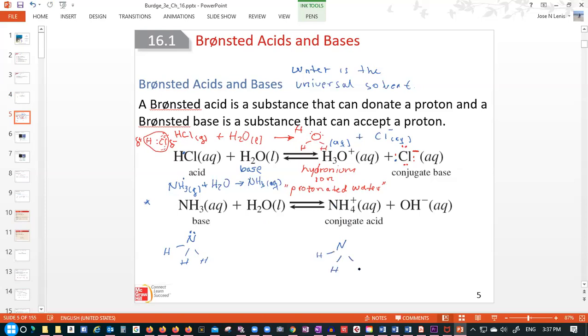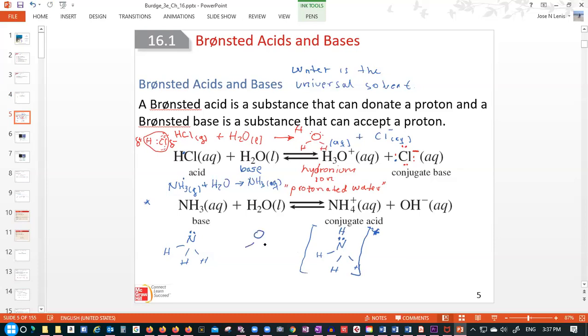Ammonia has one pair of non-bonding electrons. And notice that when ammonia accepts one proton, it becomes positively charged because of that proton that it receives from water.